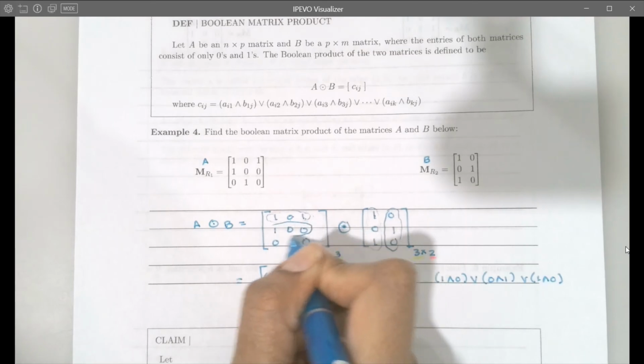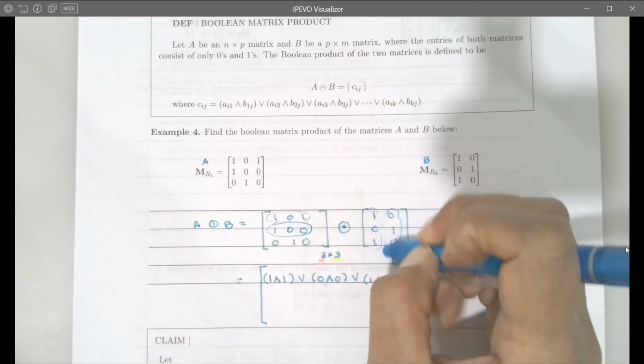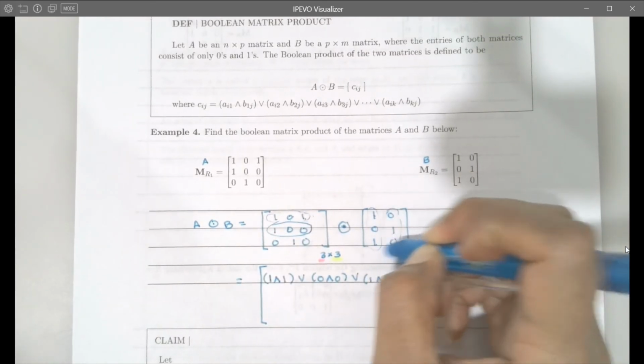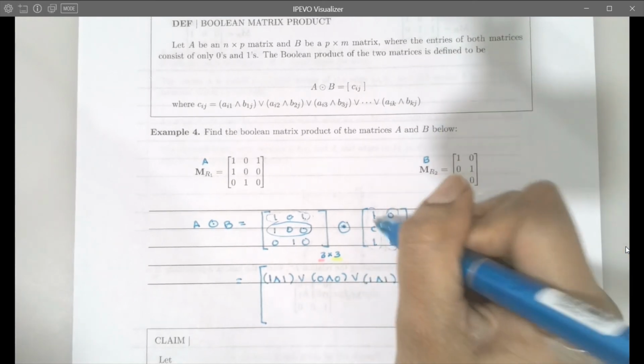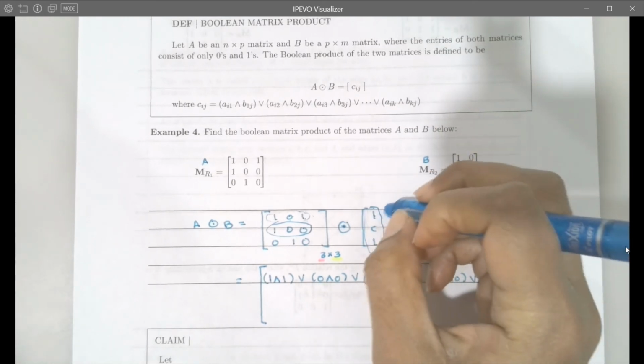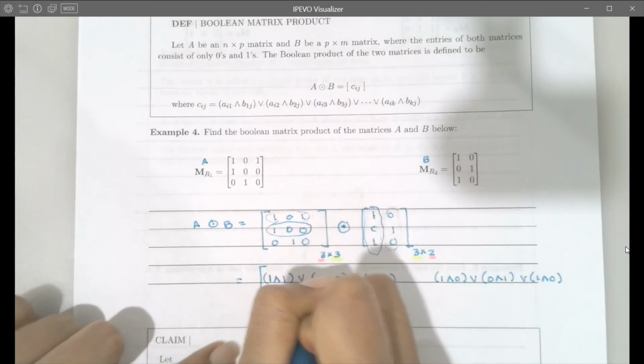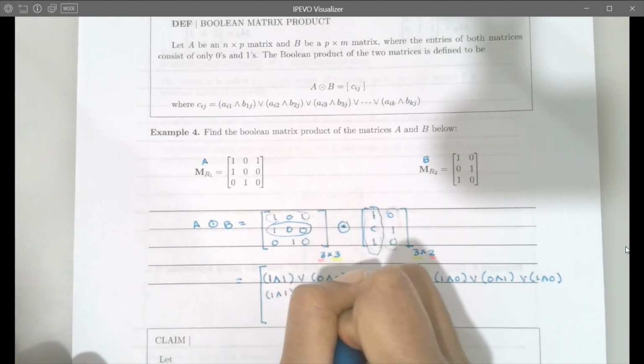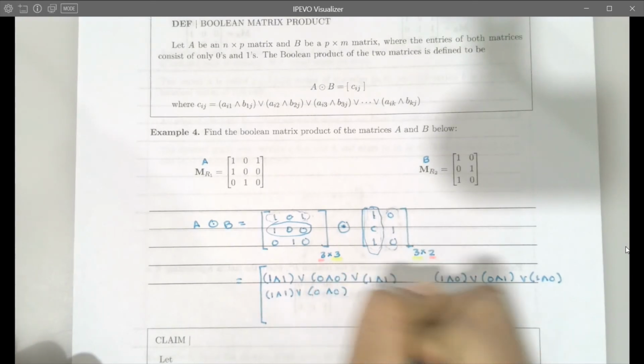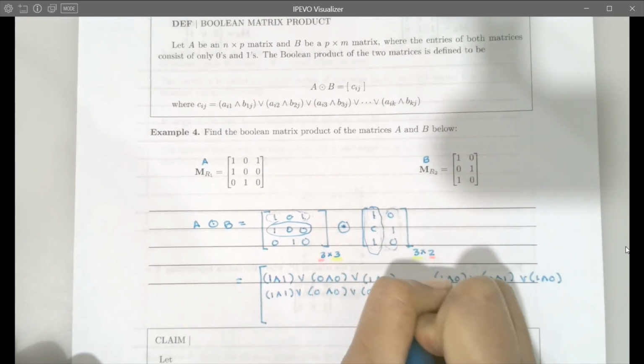I'm going to move on to second row, first column. In the second row, first column, we'll have a 1 and 1, or 0 and 0, or 0 and 1.